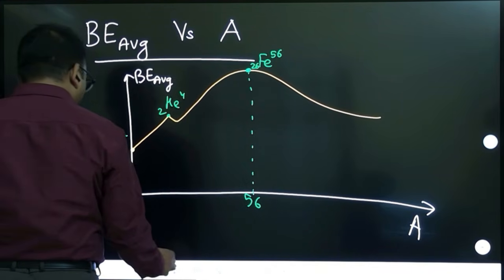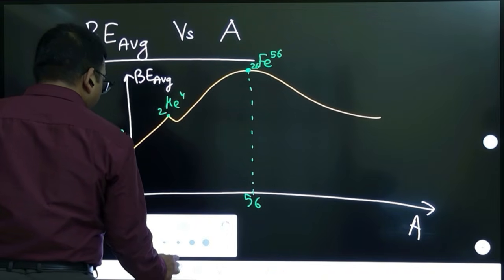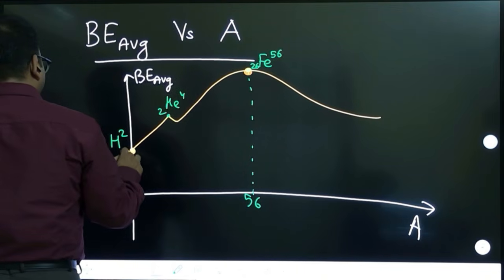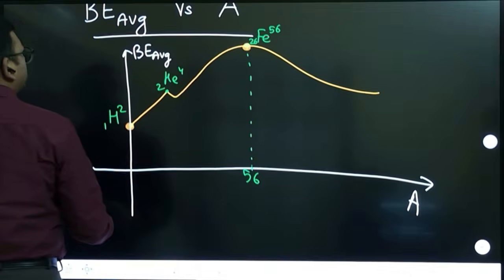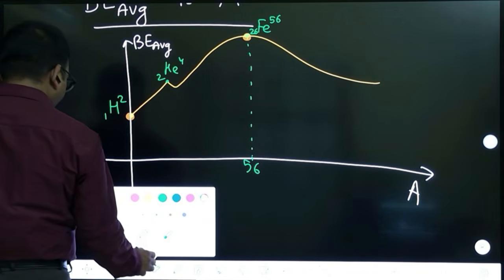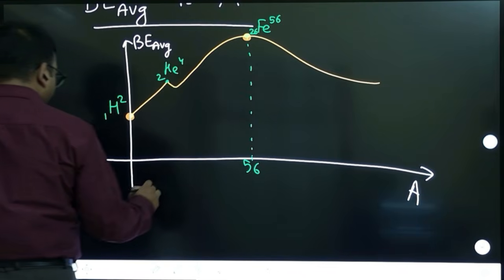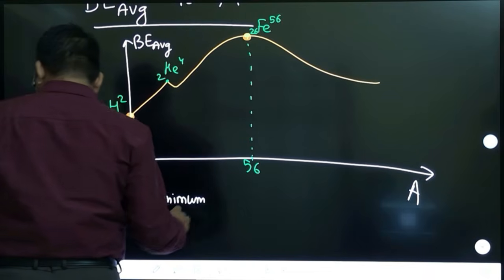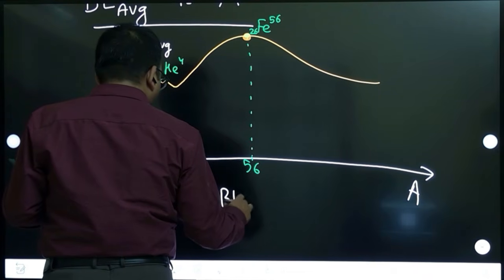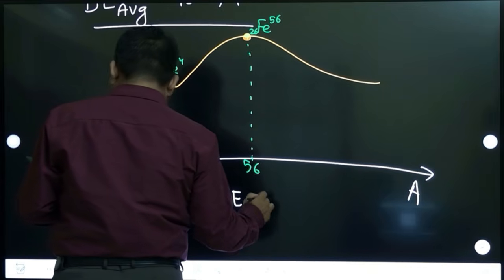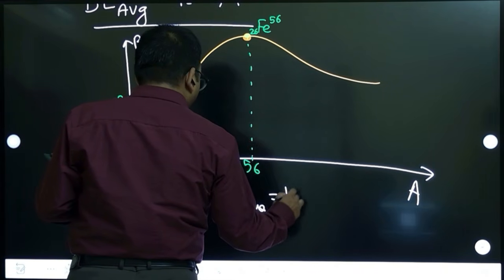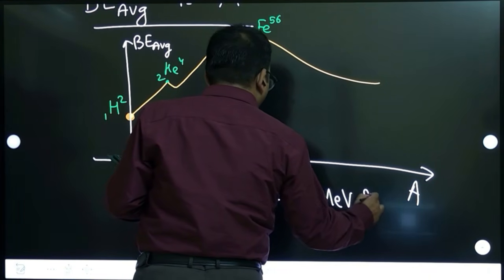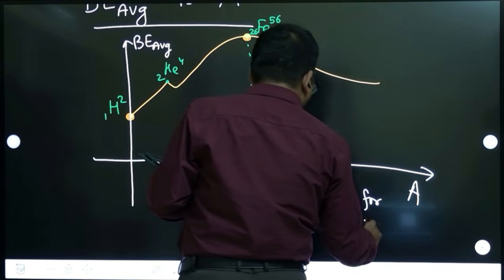What is the important point to note here? This has a maxima at iron and the minima is for deuteron. So note the values. The minimum binding energy per nucleon, or average binding energy, is nearly 1.11 million electron volt, and this is for deuteron.